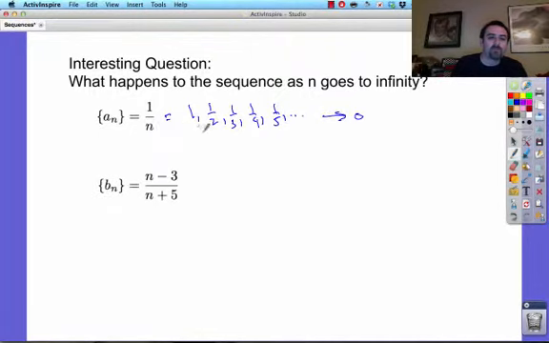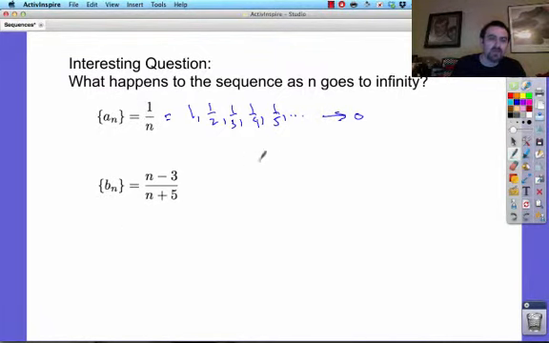We can in some sense think of this as the limit as n goes to infinity. n can only take on natural numbers, but in any case, it's still going to be going to 0. So sometimes we think of this as the limit as the index goes to infinity, but it's not a continuous function, so it's a little bit different.